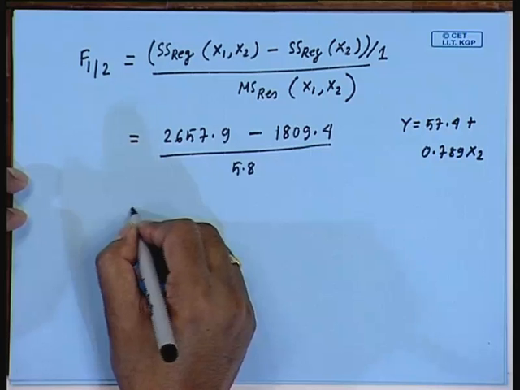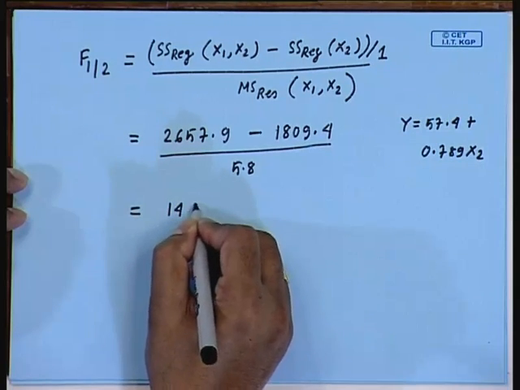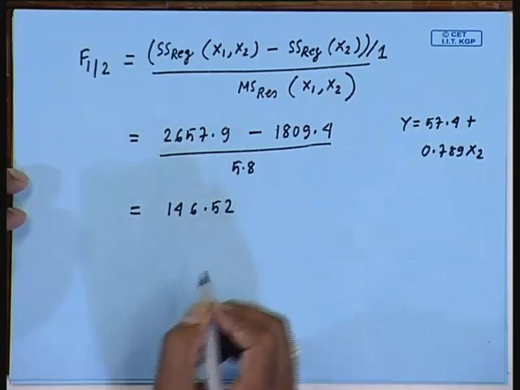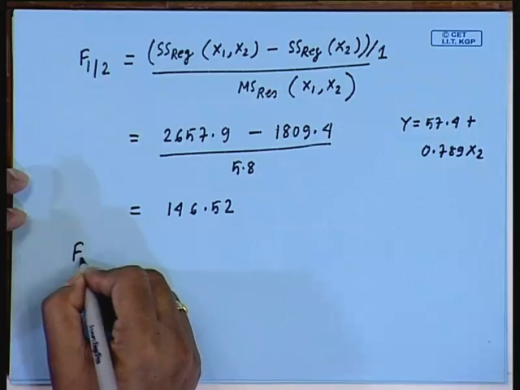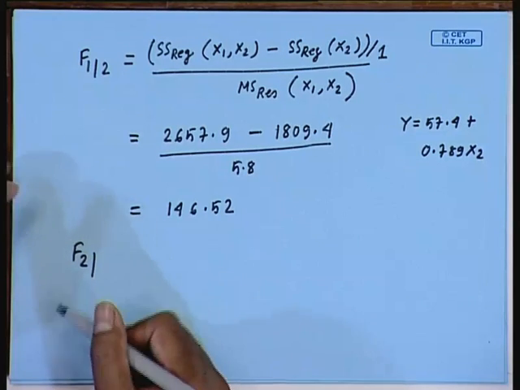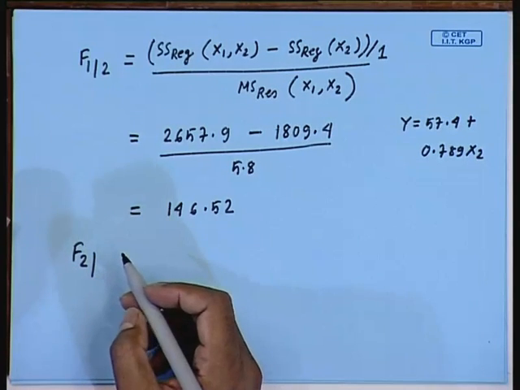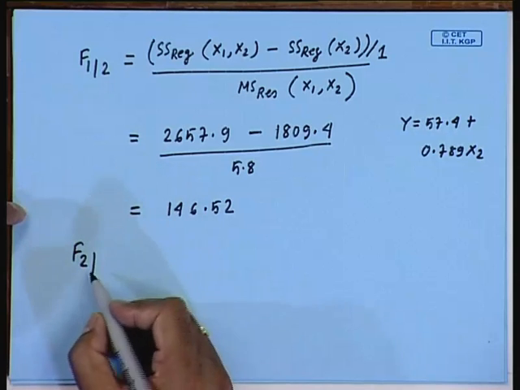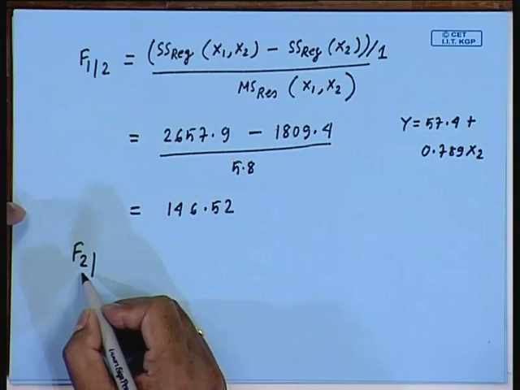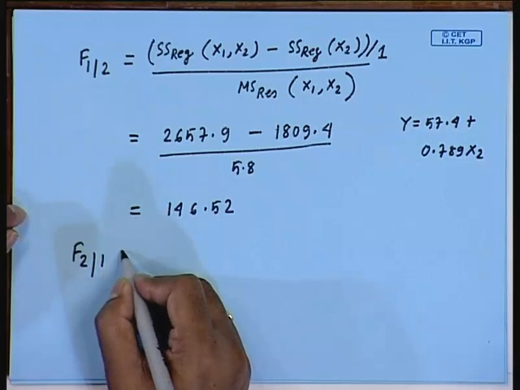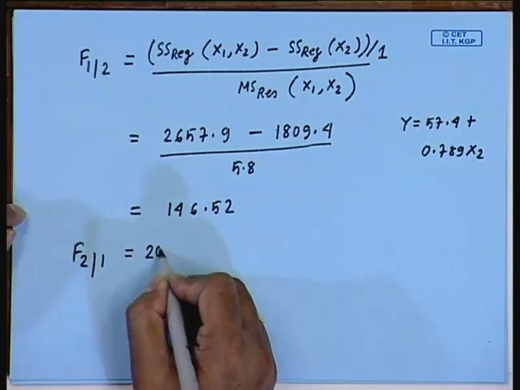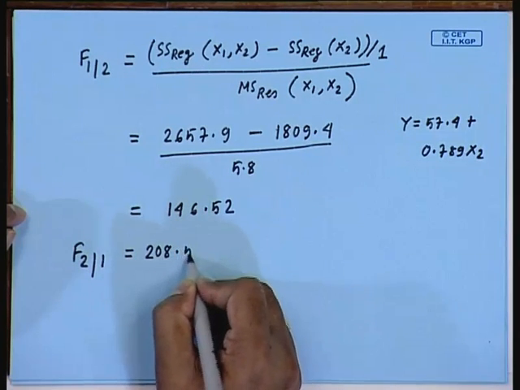Okay. So, the partial f value is going to be 146.52, and similarly you can check that f21, the partial f statistic associated with x2 in the presence of x1, is equal to 208.58.